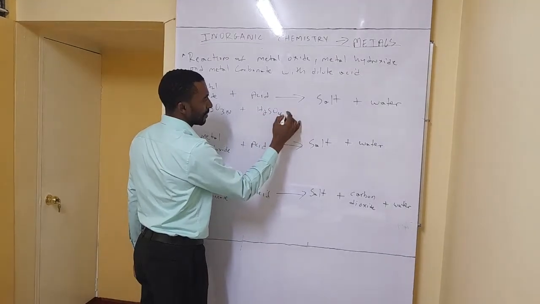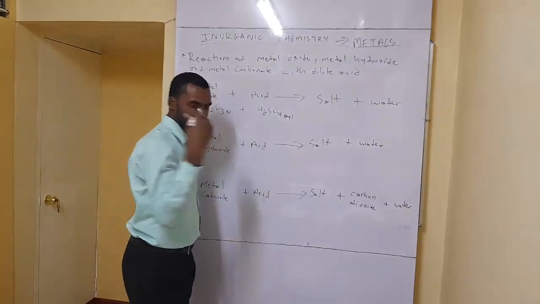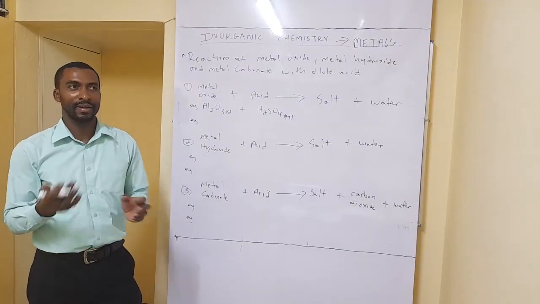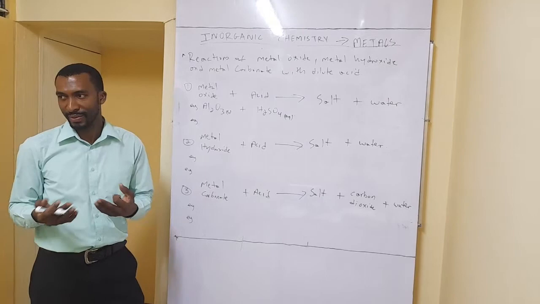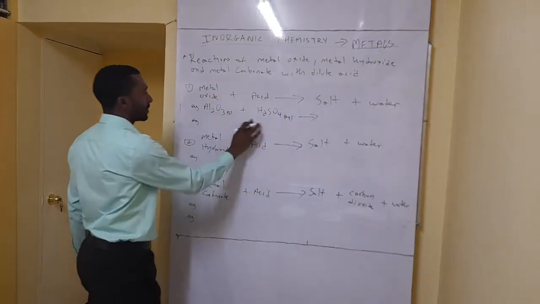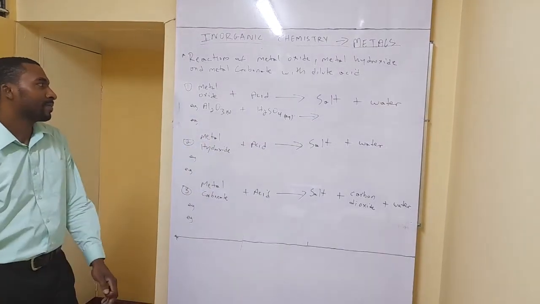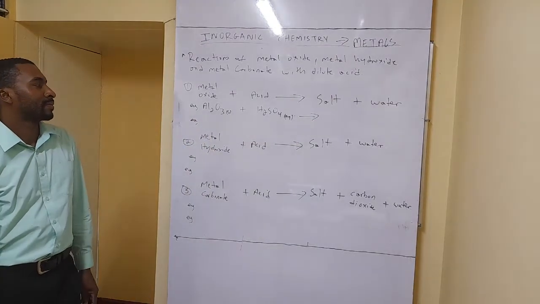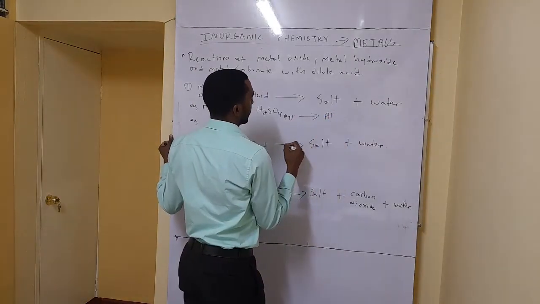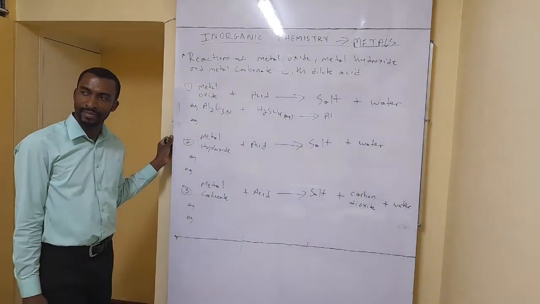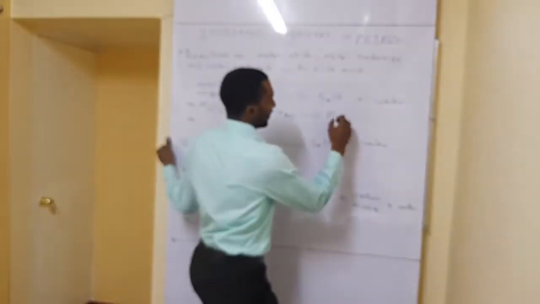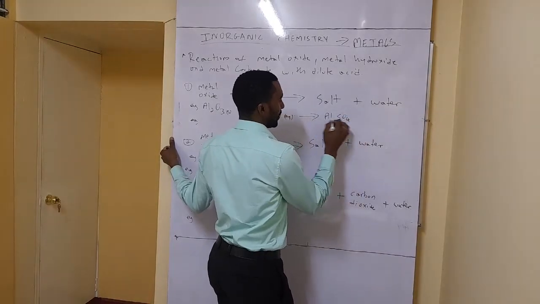Remember, this is not cramming. Let us make up the equation ourselves, because you have to understand the general principle so you can use it in the exam and not cram. To produce a salt, what would be the salt from these two? The salt is going to be Al2(SO4)3.